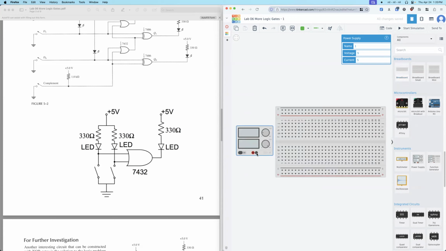First, I just connect the power lines from the power.